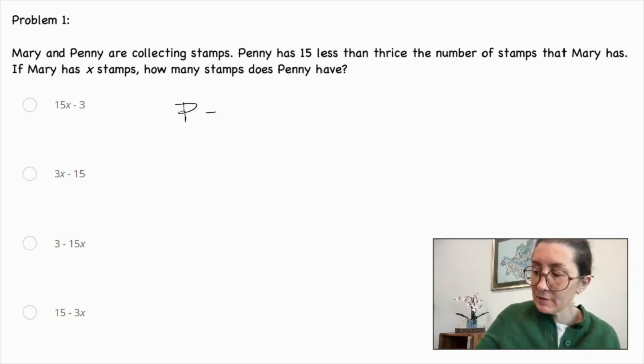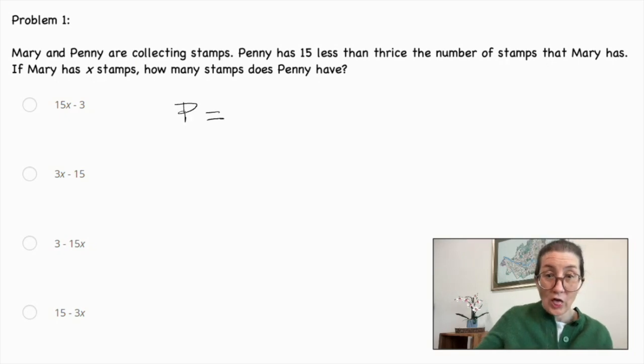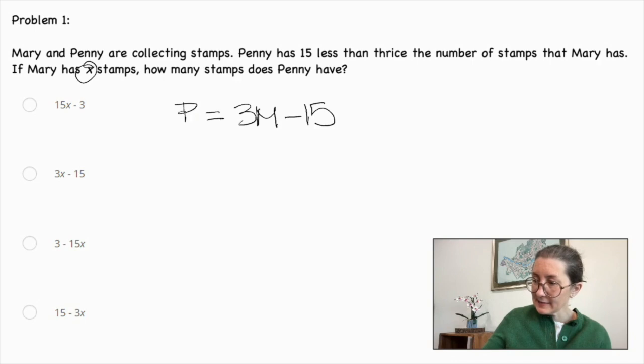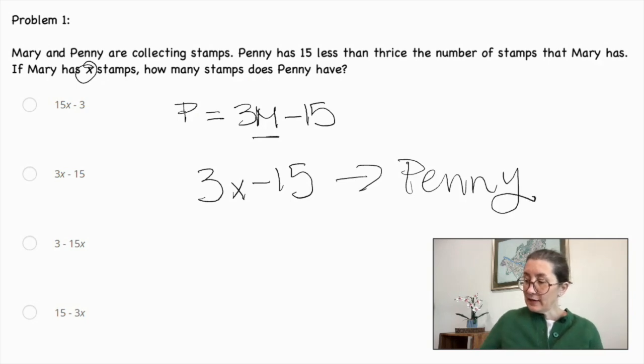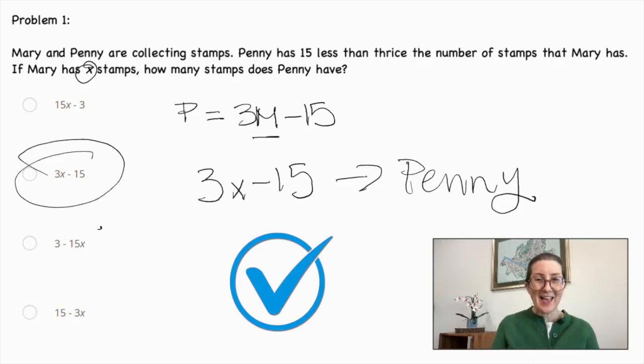So Penny's number of stamps is equal to 3 times Mary minus 15. And we know that Mary has x stamps, so we change that to 3x minus 15, and this is how many stamps Penny has. And we can find that right there, 3x minus 15.